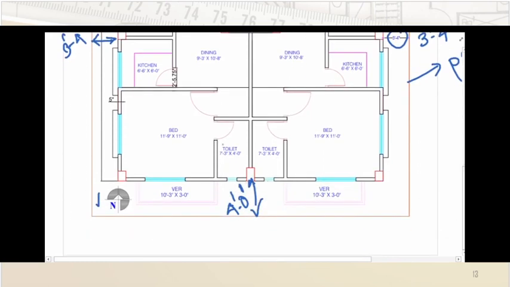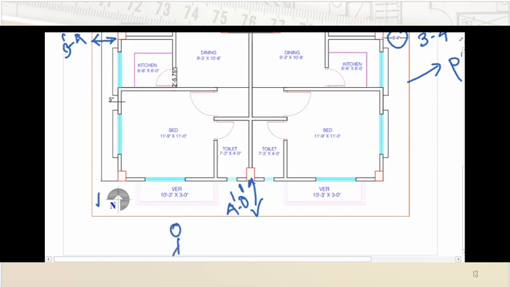Okay, before getting into this, we need to talk about the direction, which direction we are denoting which elevation. So this is the south side of the building.